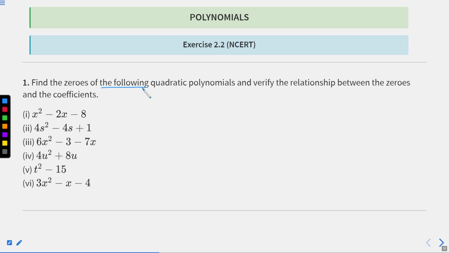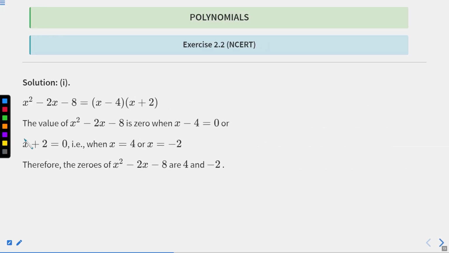We are given this first quadratic polynomial x squared minus 2x minus 8. Let us first see the zeros of this quadratic polynomial, and we will verify the relationship between the zeros and the coefficients.